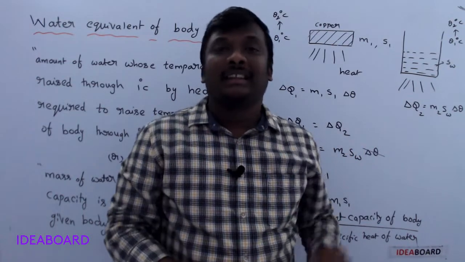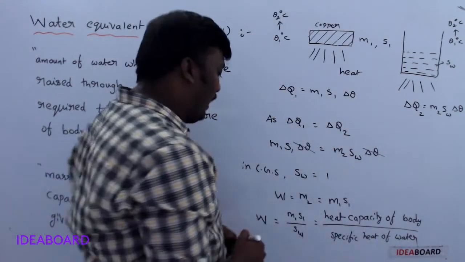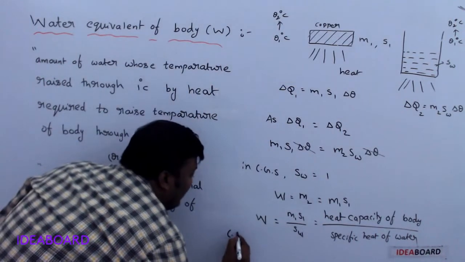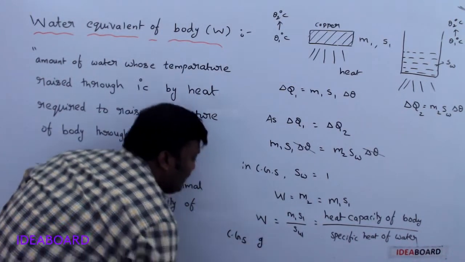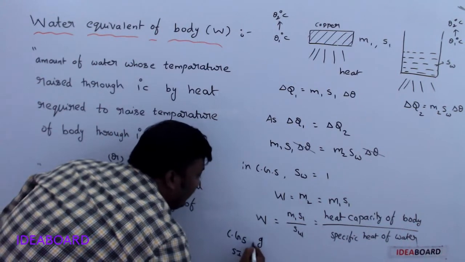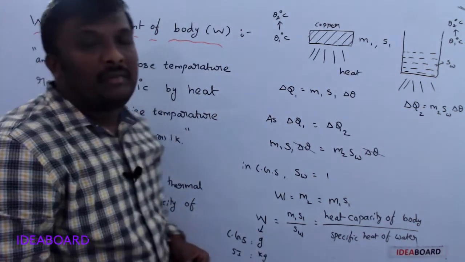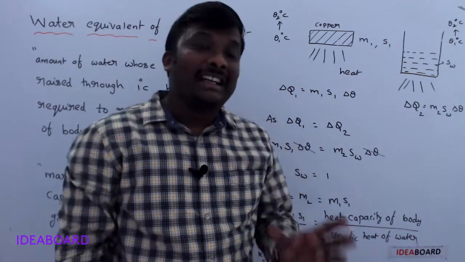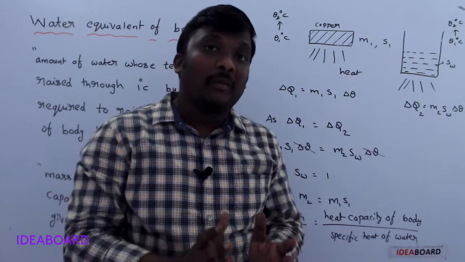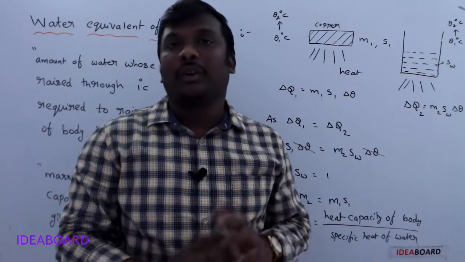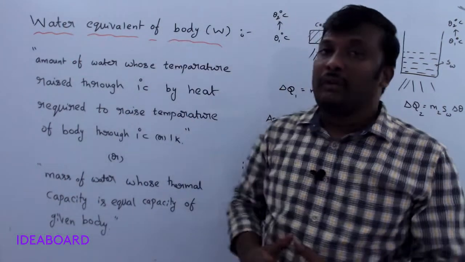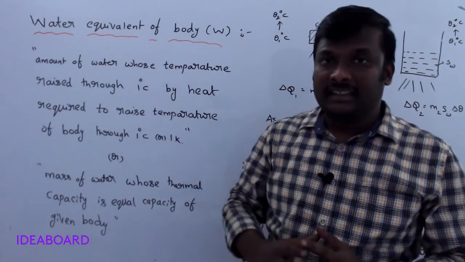Quantity of water means the units of W are grams in CGS and kgs in SI. Understand? So if the heat capacity is given in terms of grams or kgs, you must go through the water equivalent of the body. Is it clear?